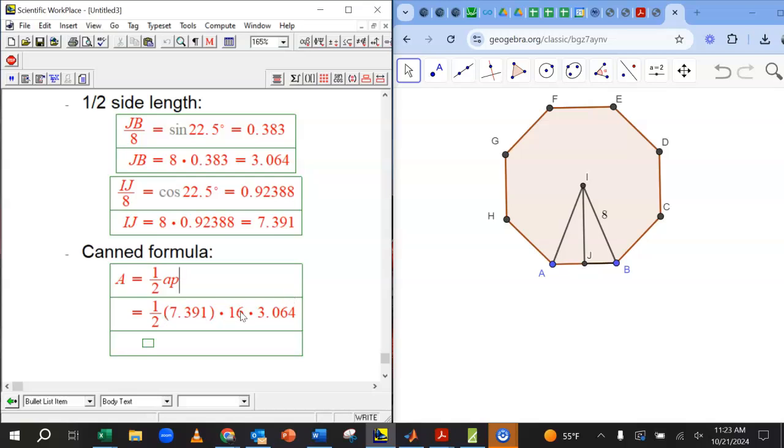That's basically everything here but the 16. Like if I hide the 16, that's exactly 1/2 base times height for the right triangle IJB. And then it's using the fact that there's 16 of those, 16 half slices of pizza in an octagonal pizza. And what do we get for a final number? It's going to be pretty exciting. 181.7. Okay. And that's, I think, all I want to show this time.